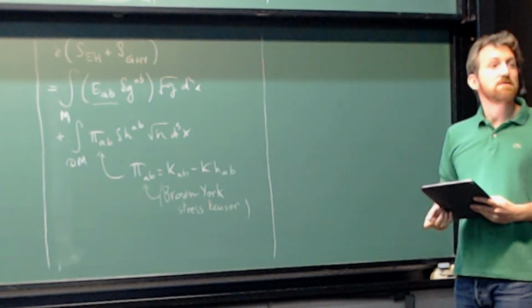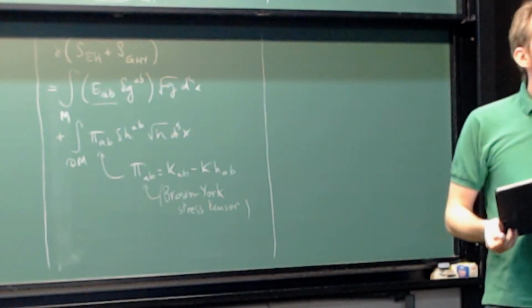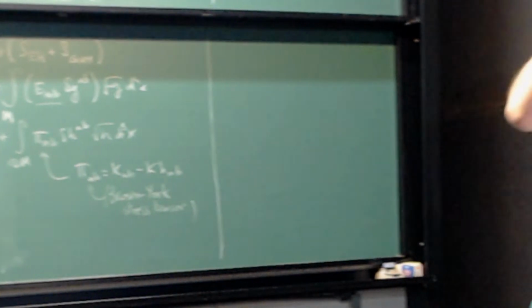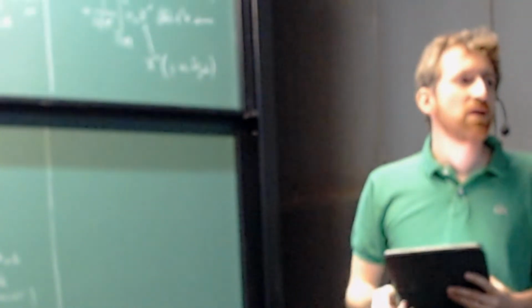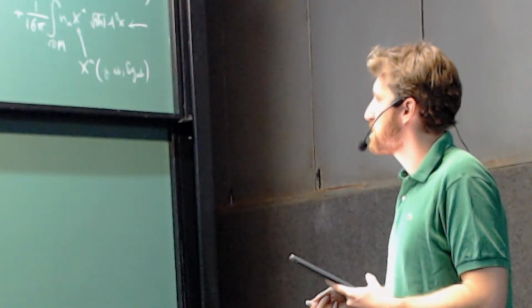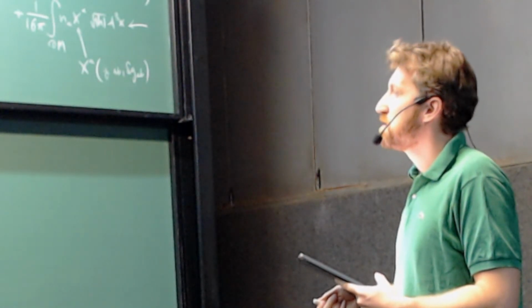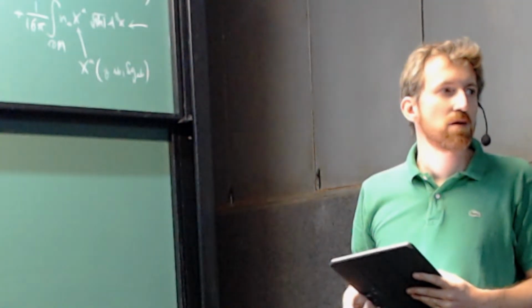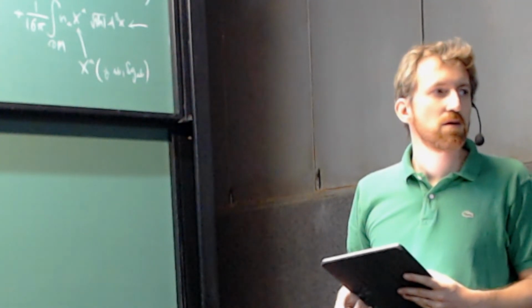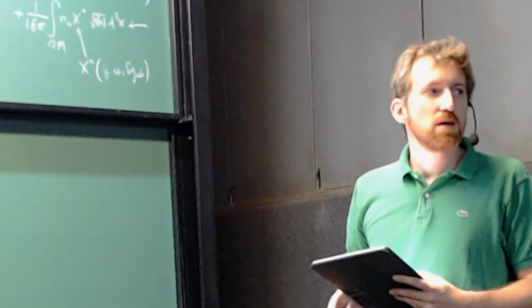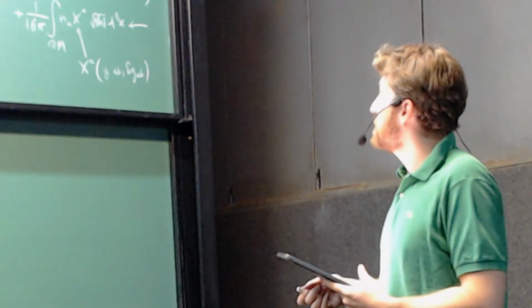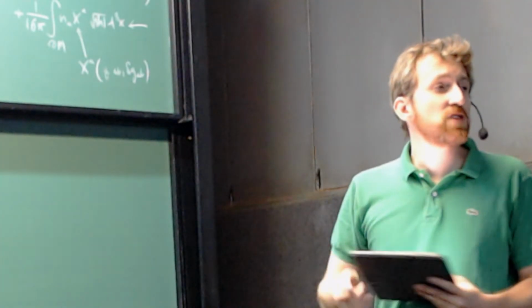Questions? Yes? Why can't you just insert the Einstein-Hilbert action right away? You need to do all these calculations to get the equations of motion. Why can't you just take the action and compute the path integral? Because it's not well defined then. Because I have a boundary.